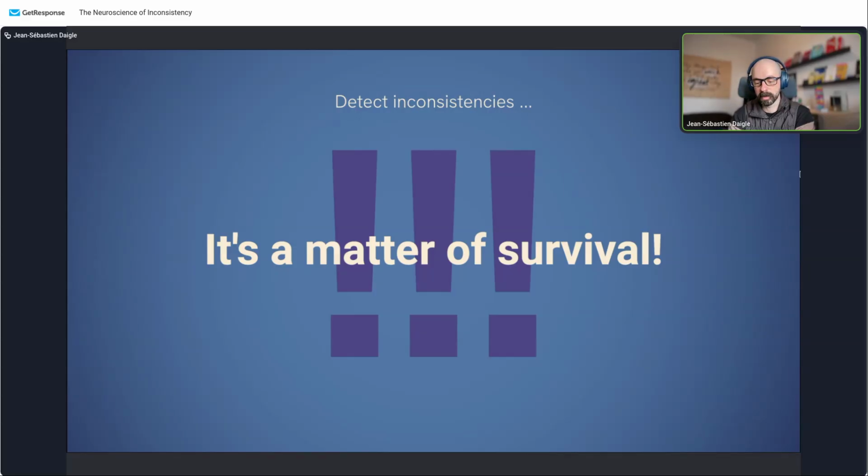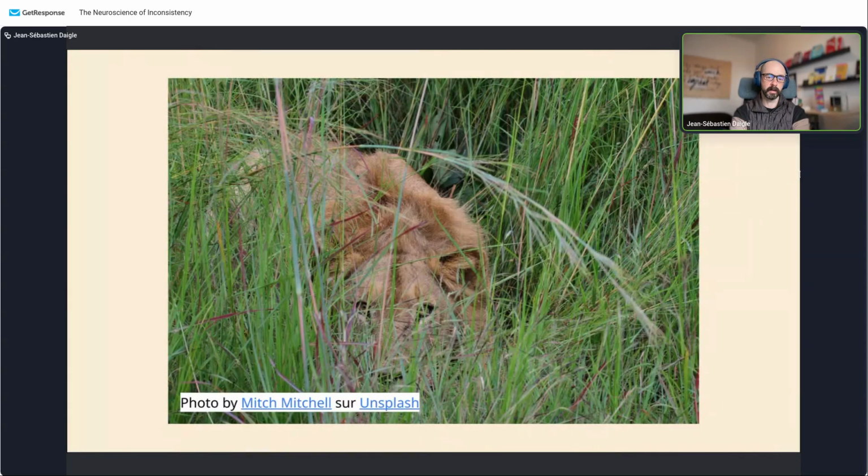How come our brain sees the different things that I've shown you and says, oh, there might be something wrong? It's actually a matter of survival. We as humans existed for a long time, and we don't evolve as fast as we think we do. Our brain is still, and will be for quite a while, in survival mode.